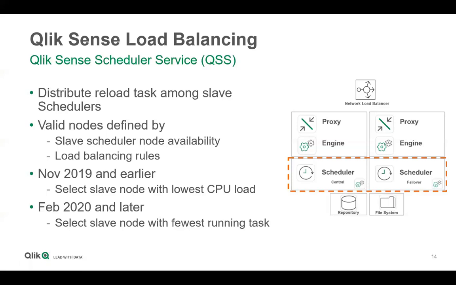With this new algorithm, we found that the task reload on the scheduler has been balanced much better, and the performance also improved a lot. The new algorithm is that the master scheduler will select the sleep node with the fewest running tasks. This is the recommended way to run the scheduler load balancing. We do not recommend changing this behavior.